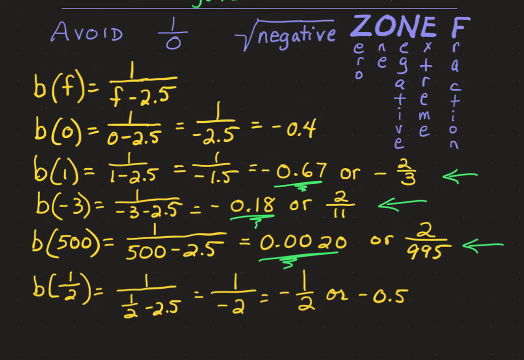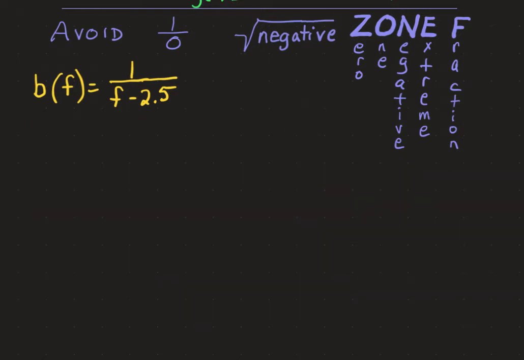Remember, we also have two situations that we want to avoid. We want to avoid dividing by 0. So when you're looking at your functions, if you have a fraction with the variable in the denominator, set that denominator equal to 0 and solve. So I'm going to add 2.5 to both sides, and I'm going to get f equals 2.5.